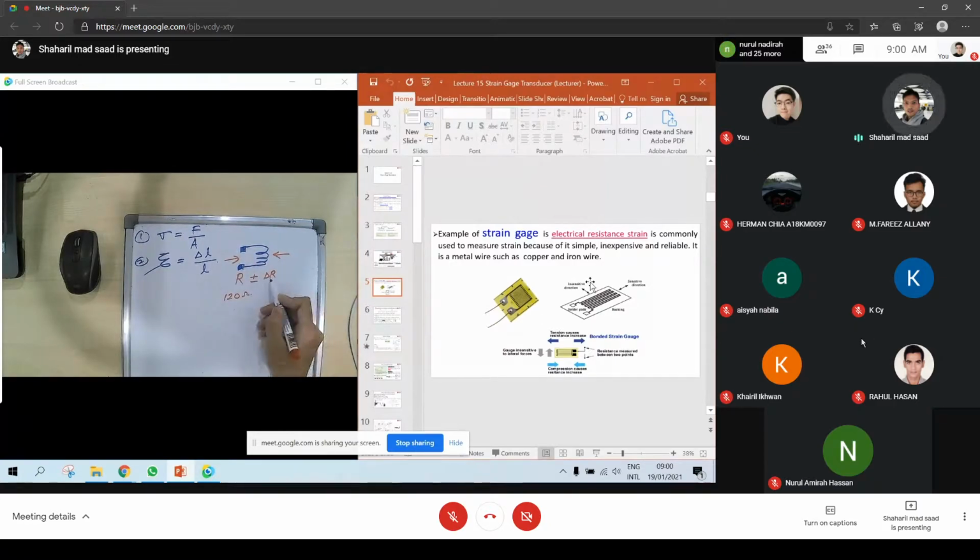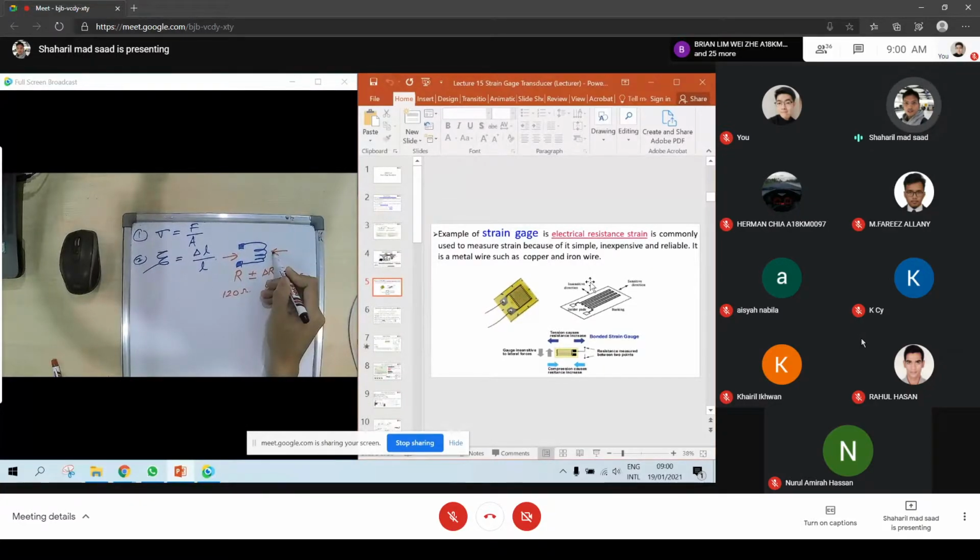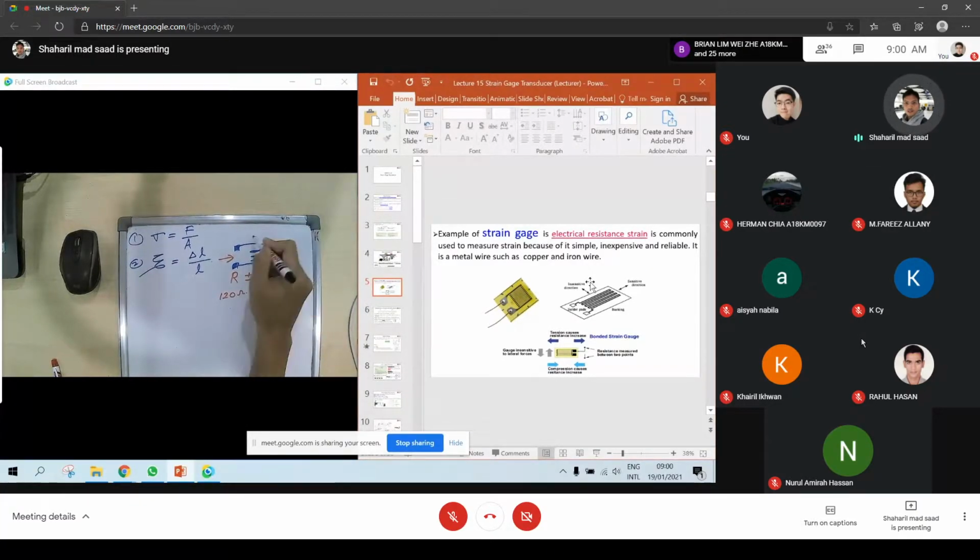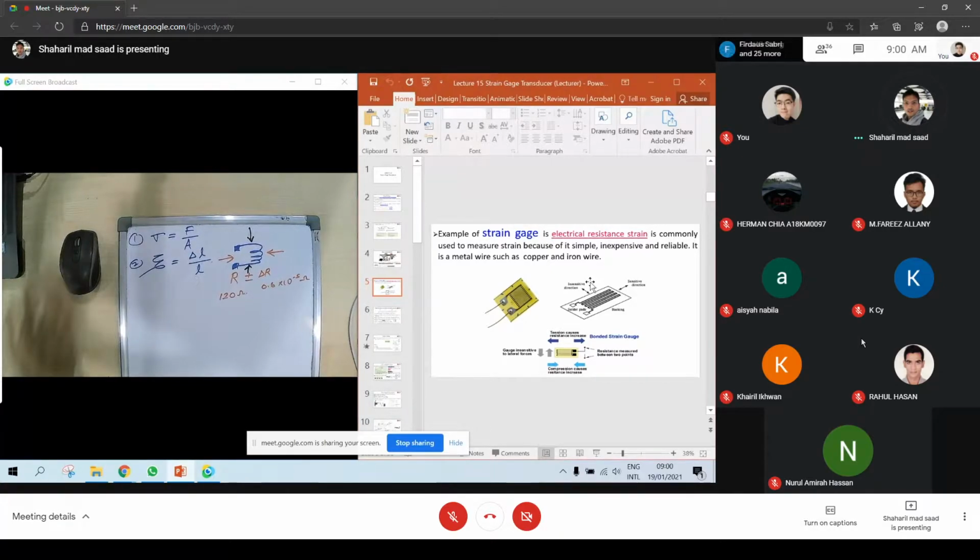Delta R is normally very small, for example 0.6 times 10 to the power of minus 5 ohm. This is what we call the electrical strain gauge. This part will give you the result. If you apply the force from the other side, it will not give you the result. So this part we call sensitive, and this part we call insensitive.